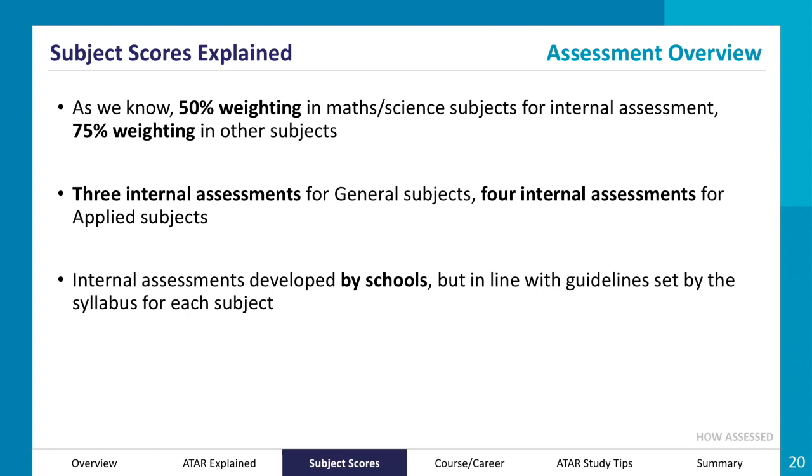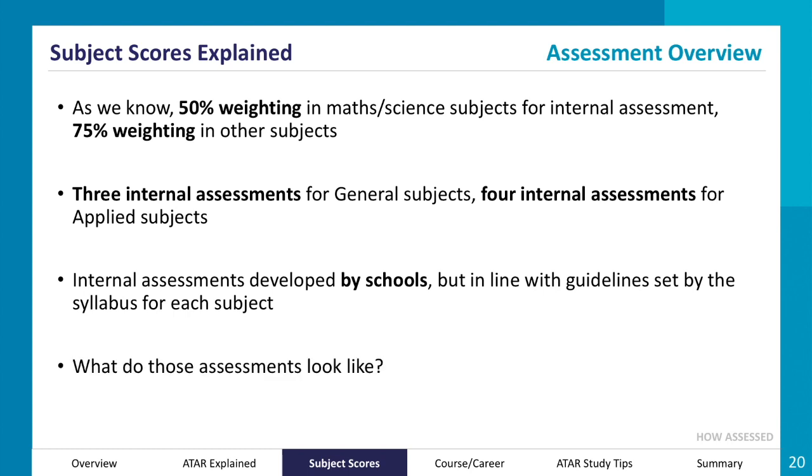For that reason, there are really stringent processes in place called confirmation and endorsement, basically to ensure that even though individual schools administer the assessments, they're under quite specific regulations and processes. So you can be very, very confident in the fact that irrespective of the school you go to, or the specific assessments you sit, it's pretty much even across the board, so no need to stress too much.